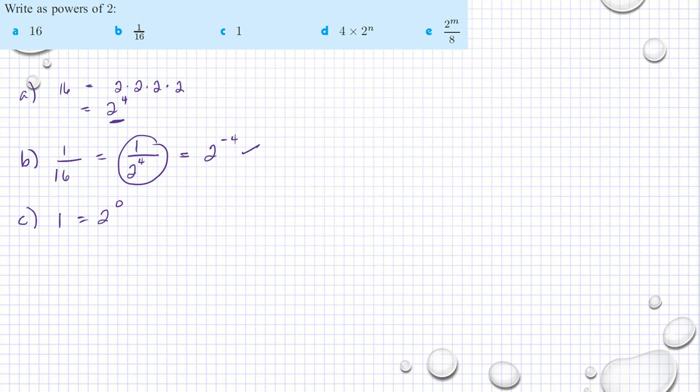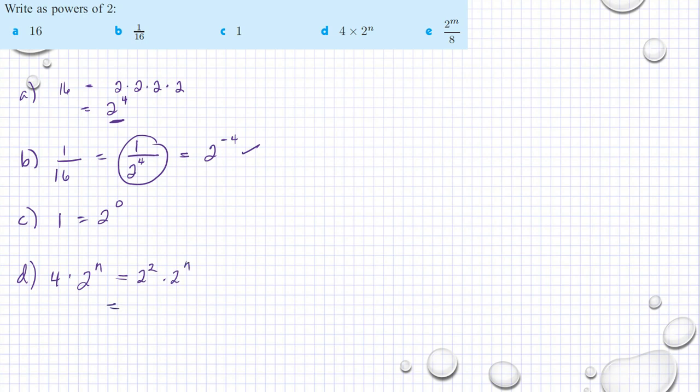Okay, and then we have D. We have 4 multiplied by, I am not used to writing multiplication that way, I'm going to remove that, multiplied by 2 raised to n. Then we have 4 is 2 raised to 2 multiplied by 2 raised to n.